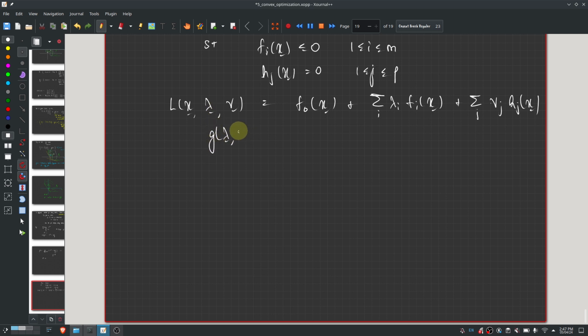And g of lambda, nu is equal to the infimum of L of x, lambda, nu over all possible x in the domain.